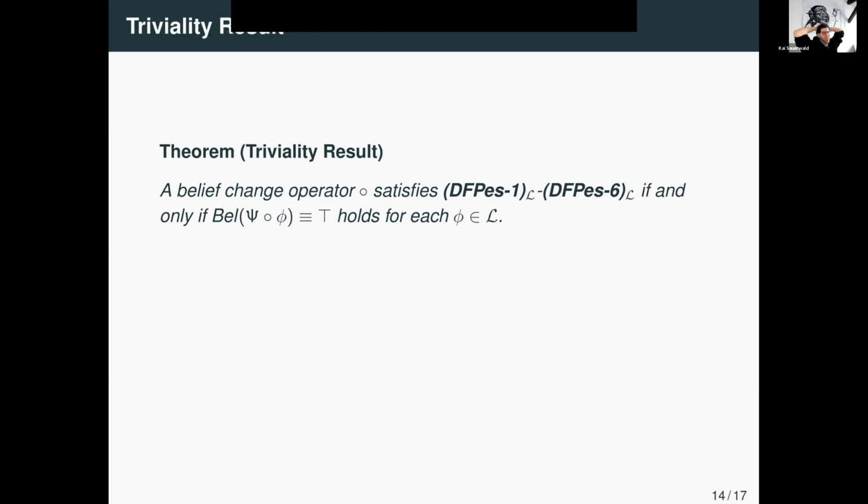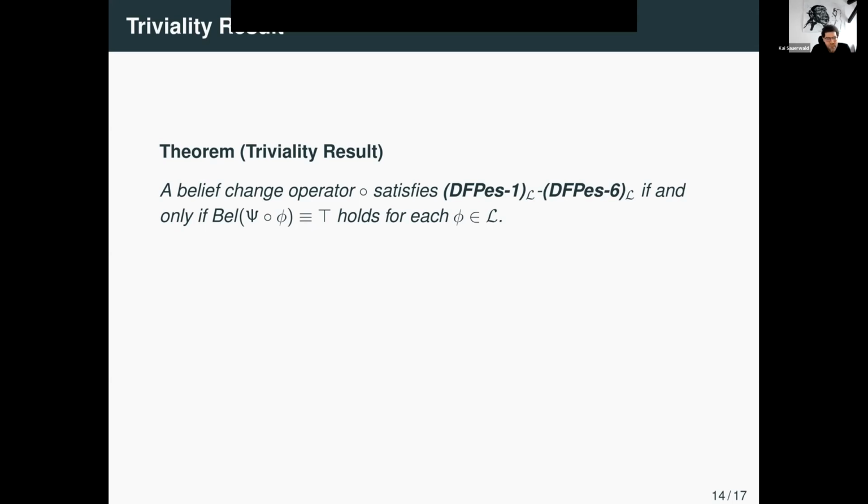The only operator which satisfies this set of postulates is the one that, regardless of which epistemic state and which formula you put in, always outputs an epistemic state with belief only in tautologies. So you forget everything.